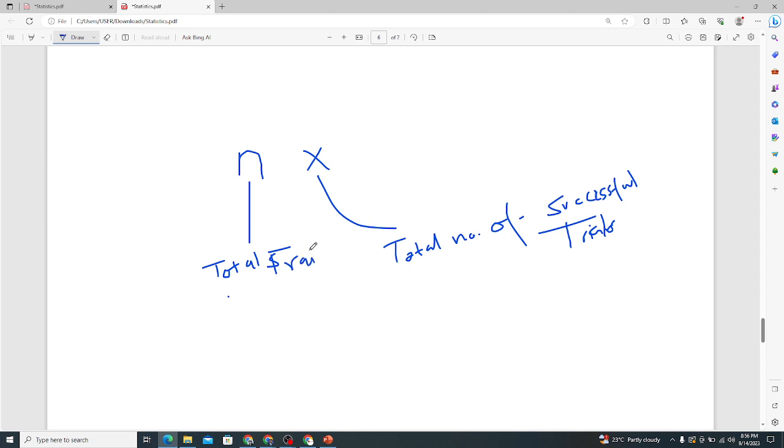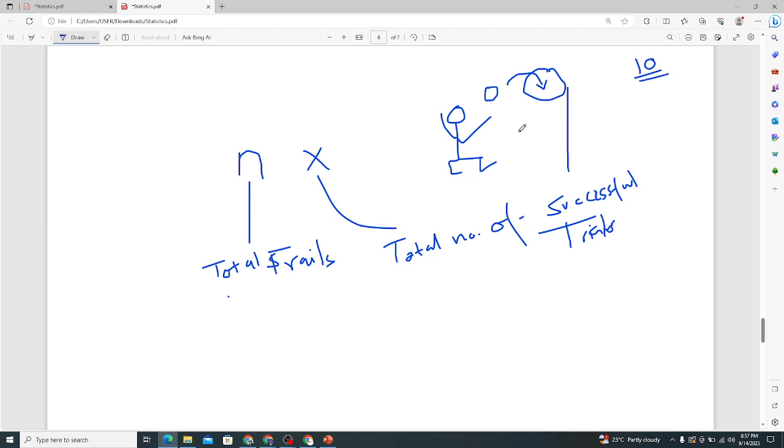So for example, if we work with the basketball example I had illustrated, maybe you are throwing the ball to get through the basket, and you are told to do 10 trials.